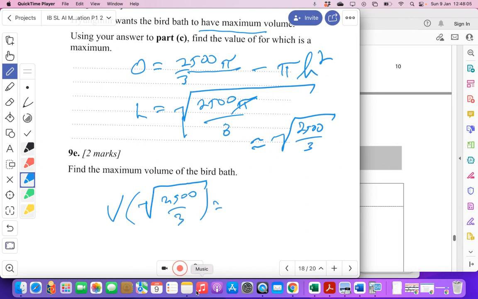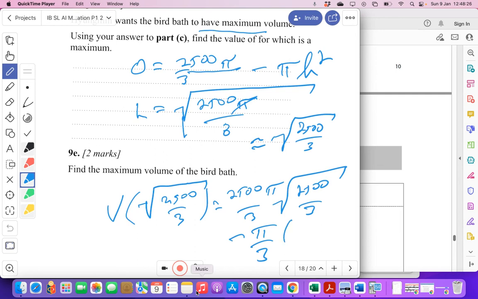So it was 2500π divided by 3 times the square root of 2500 divided by 3, simply, minus π over 3 times the radius cubed.